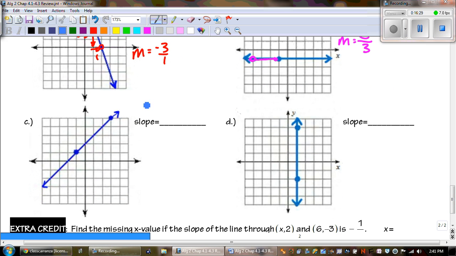All right, C. Right away, I can see that this is rising, so it's going to be a positive slope. I go up 1, 2, 3, 4, so up 4, and then right 1, 2, 3, 4. So our slope is 4/4, and when I divide that, I get 1.